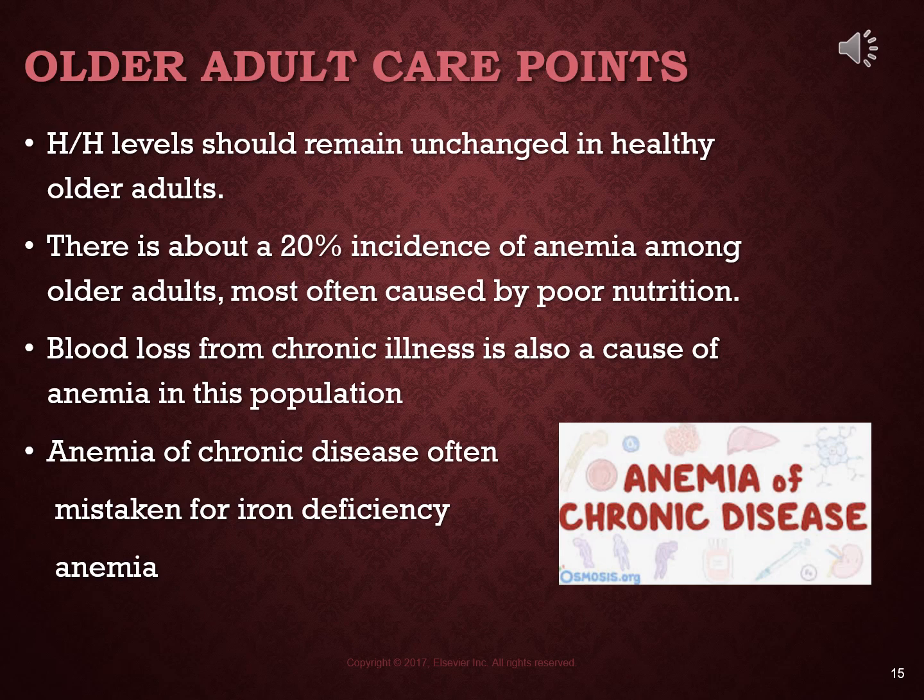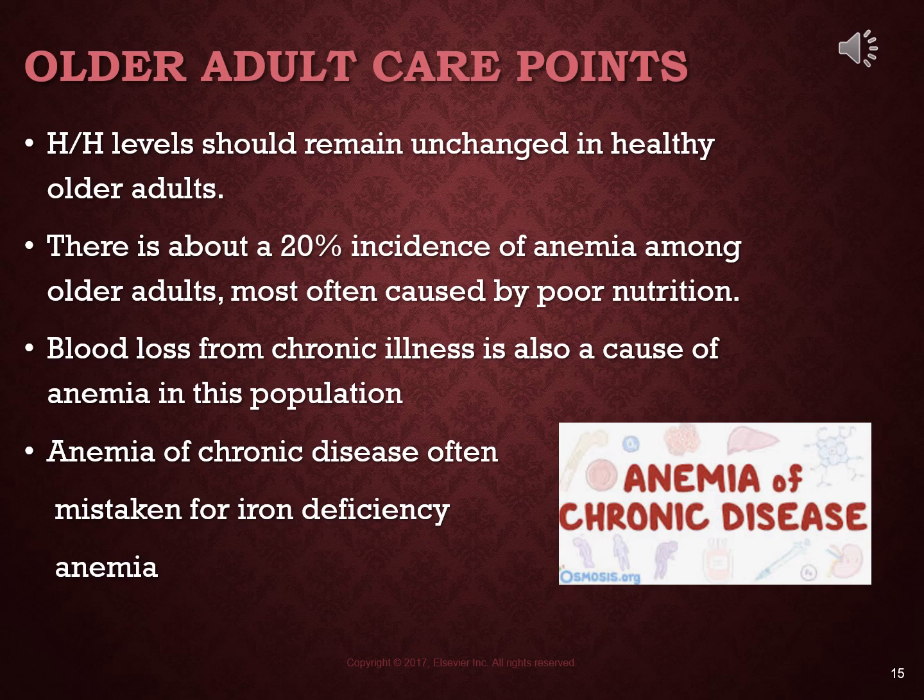Usually, hematocrit and hemoglobin levels should remain unchanged in healthy older adults. But there is about a 20% incidence of anemia among older adults, and this is most often caused by poor nutrition. Talked about that quite a bit, so I won't continue on there.